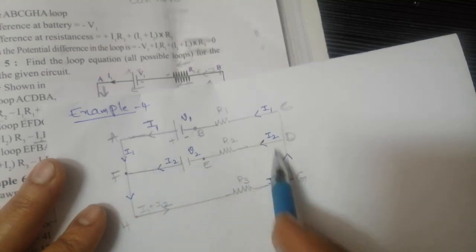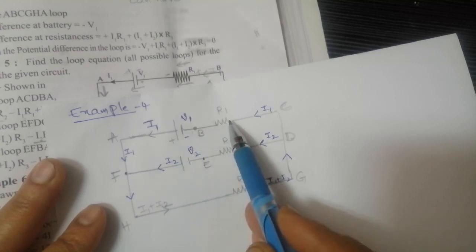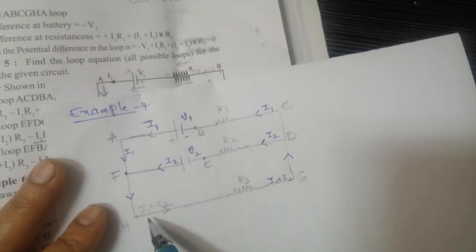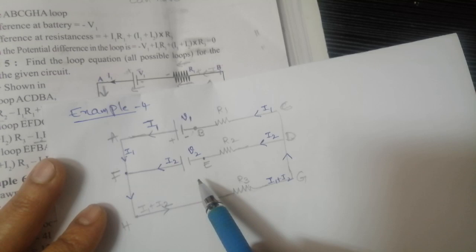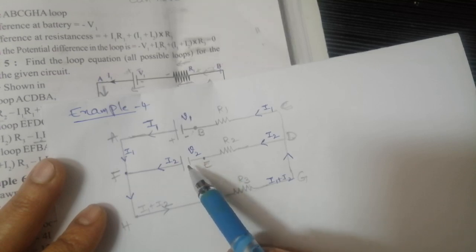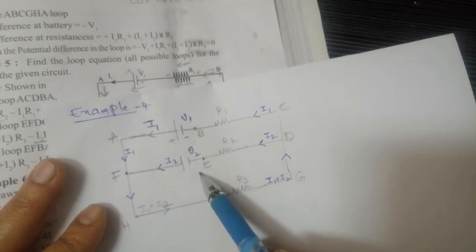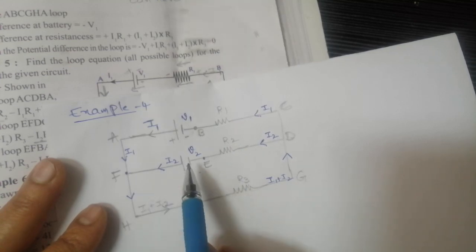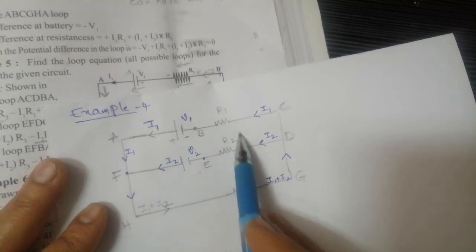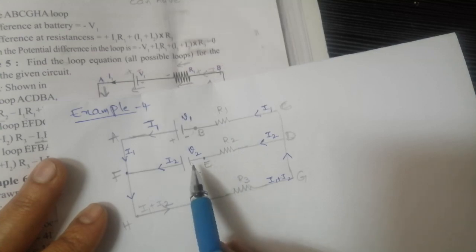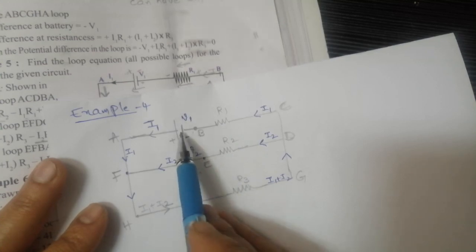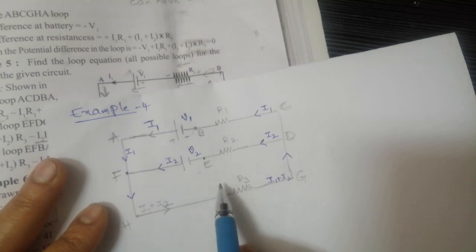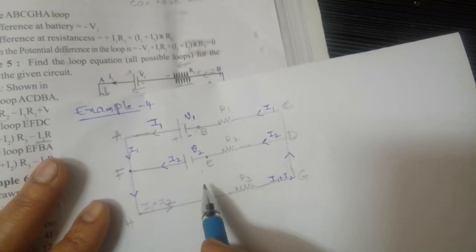That means in total 5 electrical components are there: 2 are cells and 3 are resistors. Now we have to calculate the potential difference across these 5 electrical components.